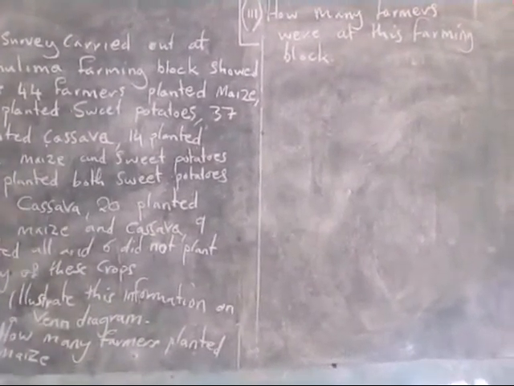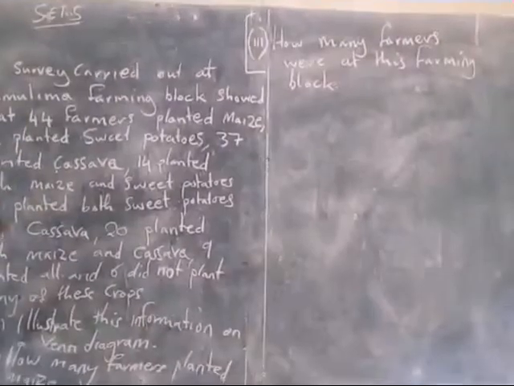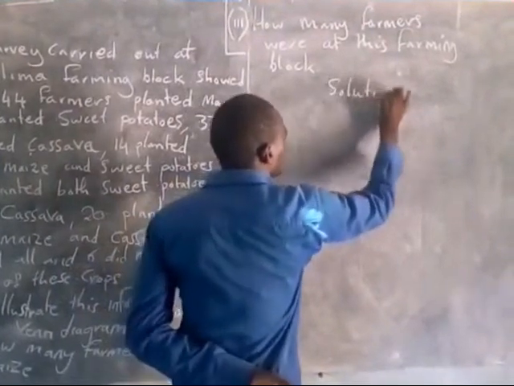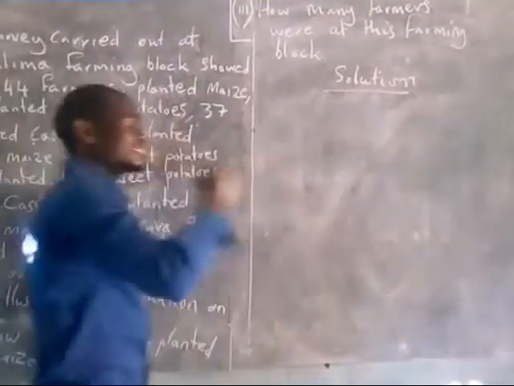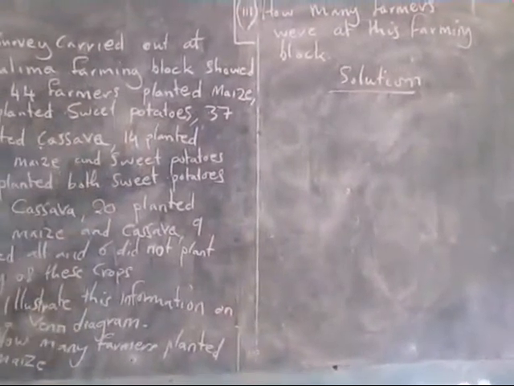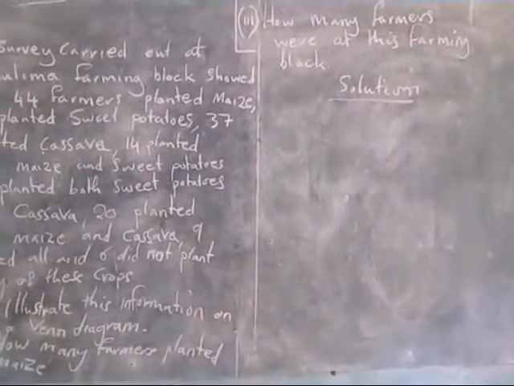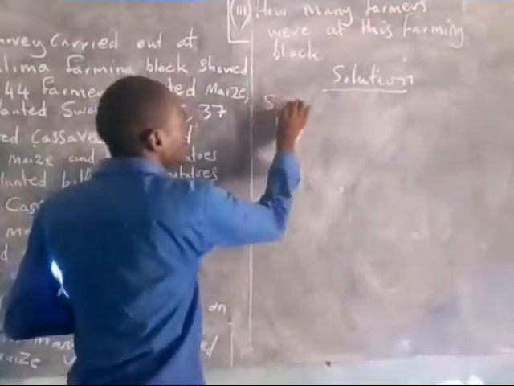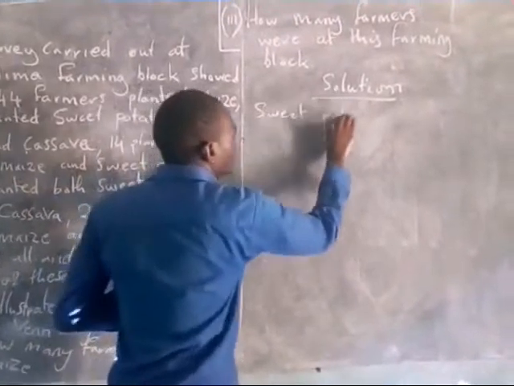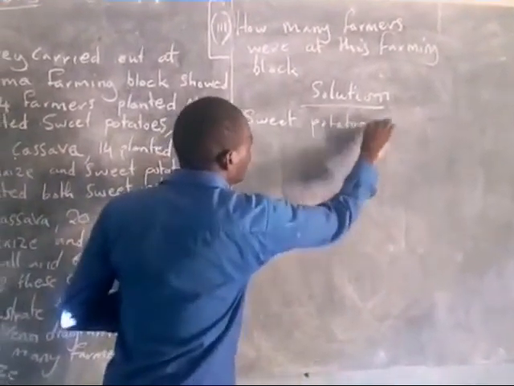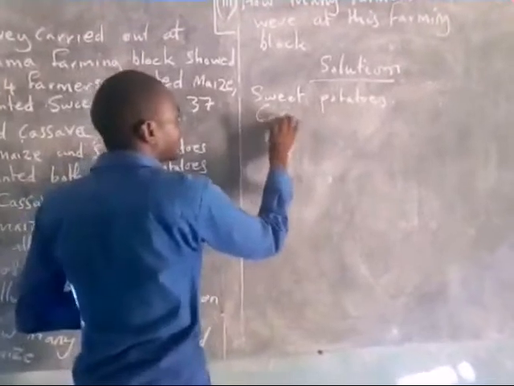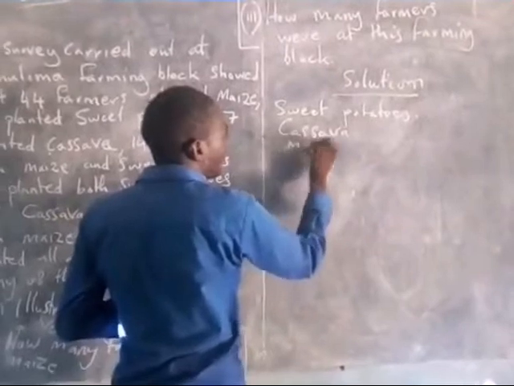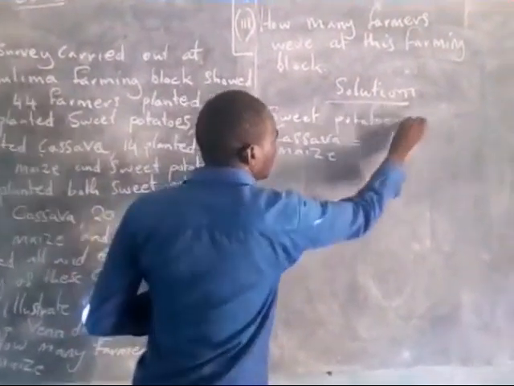So we have 3 things involved here. Let's get started solving the question. We have sweet potatoes, cassava, and maize.